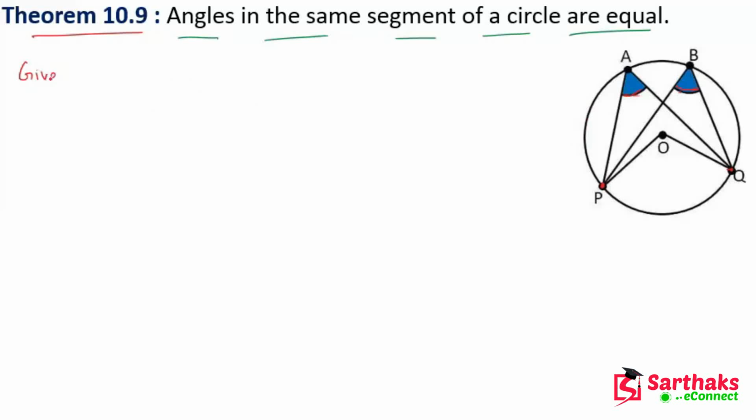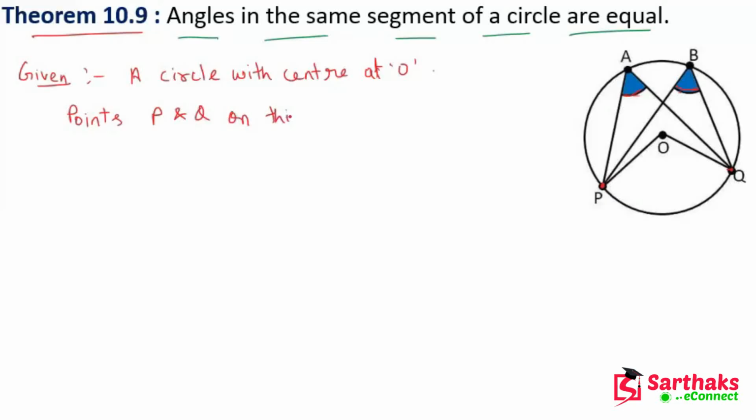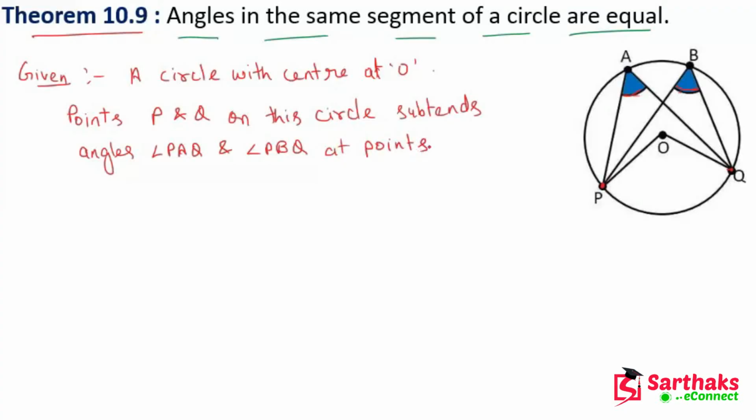First of all we have to write the given part. Let's suppose we have a circle with center at O. Then points P and Q on this circle subtend angles, which are angle PAQ and angle PBQ, at points A and B respectively.